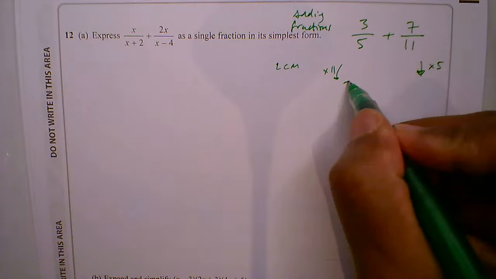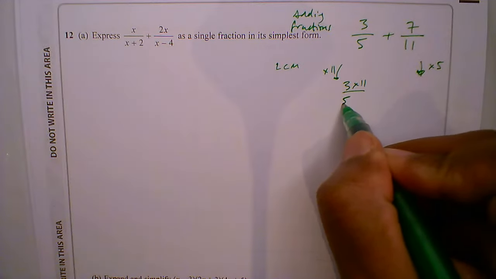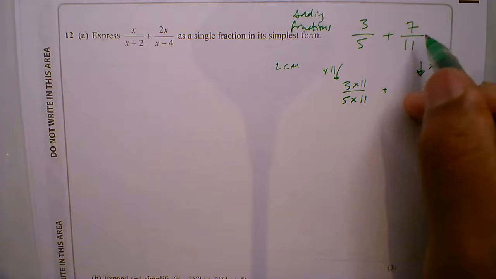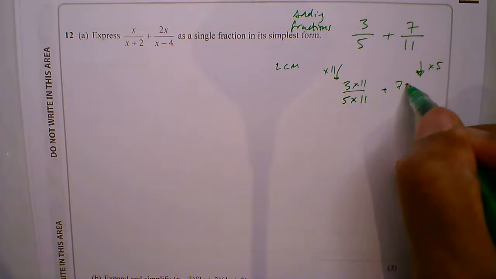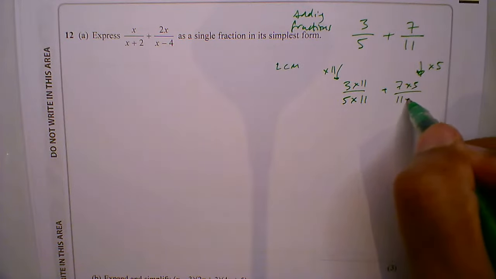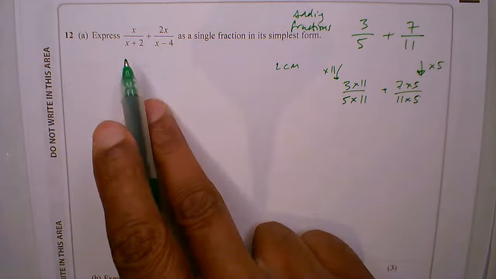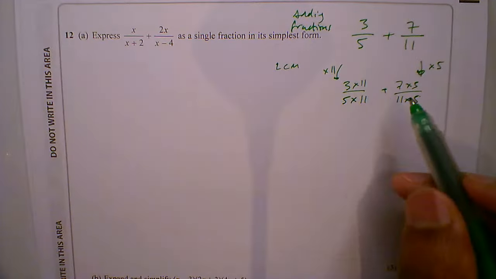That gives me 3 times 11 over 5 times 11, and then 7 times 5 over 11 times 5. I'm deliberately doing this because that will help us work this one out.